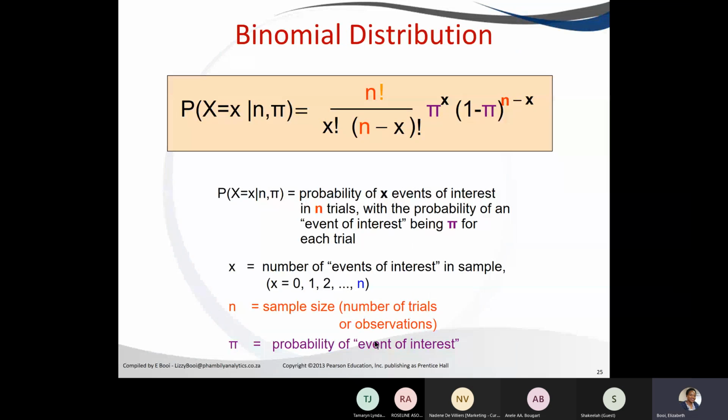This is the formula to calculate the binomial distribution probability. The first part of the equation is a combination function, which tells you the number of ways you can do things. And the second part of the equation tells you the probability of doing things in those number of ways.